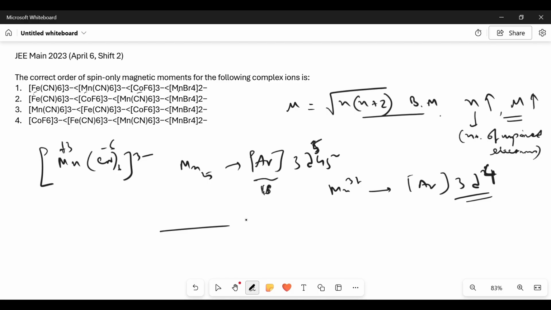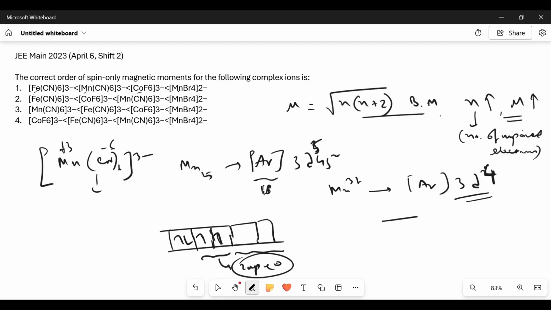Now according to VBT, first you will check CN is the same strong field ligand, so it will form an inner d orbital complex. So 2 d orbitals we have to leave because of the CN minus coordination complex. So 1, 2, 3, 4. There are two unpaired electrons.